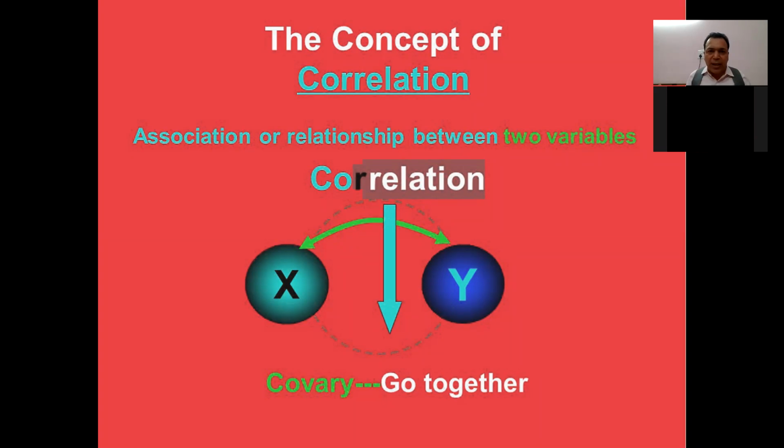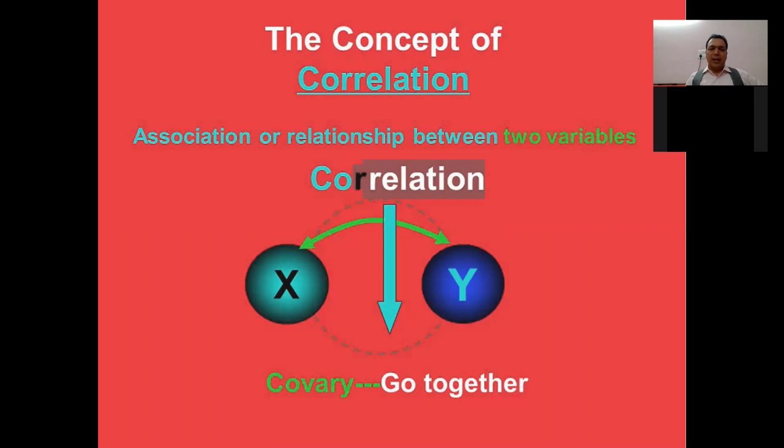To find out this relationship, you take the help of correlation. When you collect the data with the help of a questionnaire, then there is a need to apply correlation, because your study demands that you check whether the correlation exists or not, right? So correlation talks about the association and relationship between two variables, right?